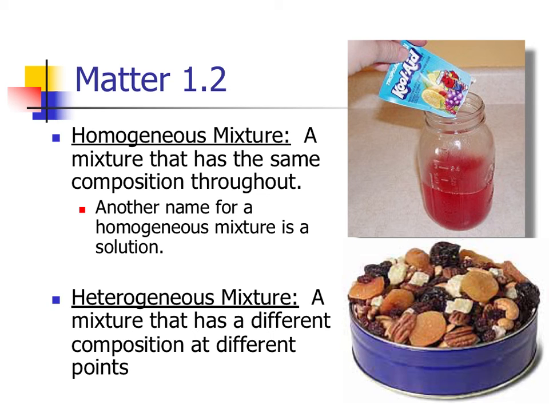I do the same thing with my OJ, because I prefer OJ with a little bit of pulp in it. Now, if I let that OJ sit in my fridge for even just overnight, what happens? It splits.